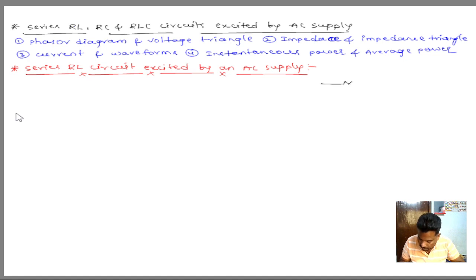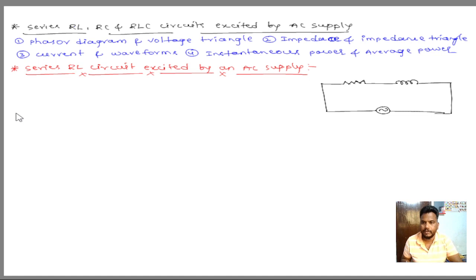I am taking one resistor R and it is connected in series with an inductor L, and this series combination is connected to an AC source. Is it clear?